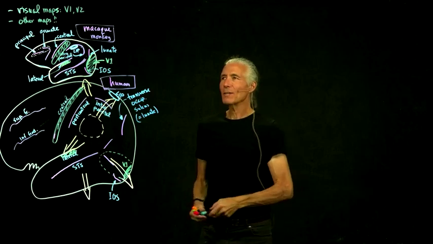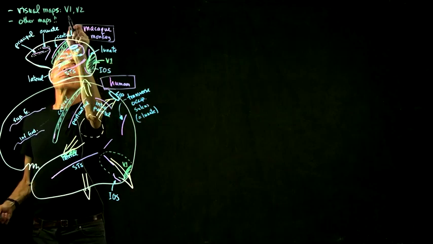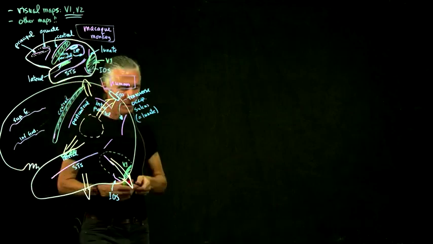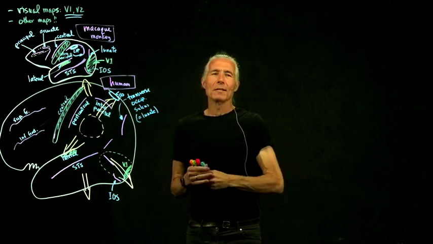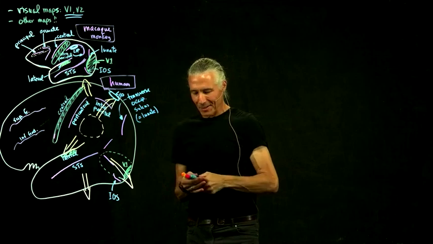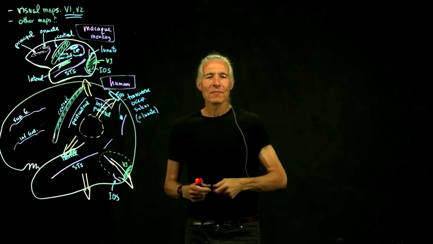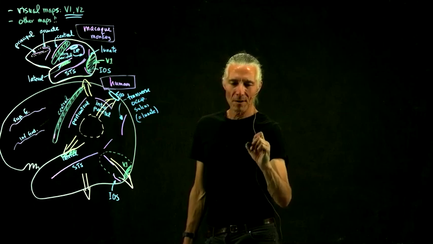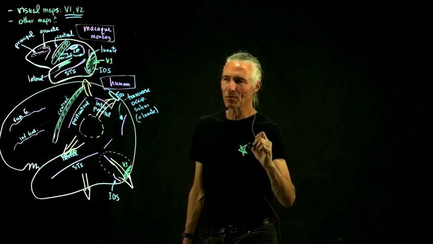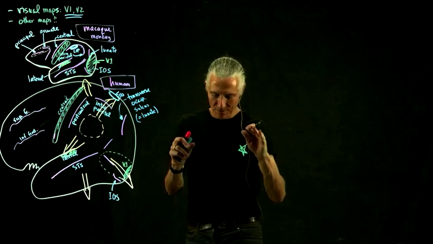Okay, so now let's talk about visual maps in V1 and V2. If we do that, there's always going to be a problem on the test about the visual maps. So down at the bottom here, we're going to draw the visual field, looking out at the visual field.